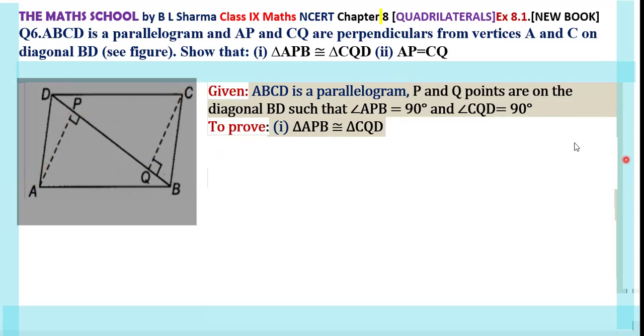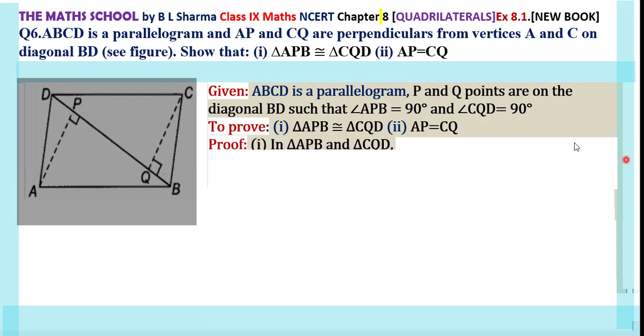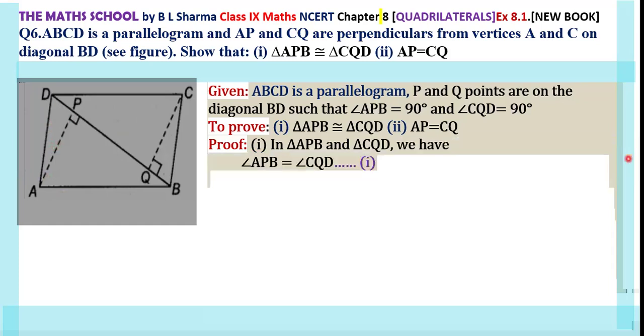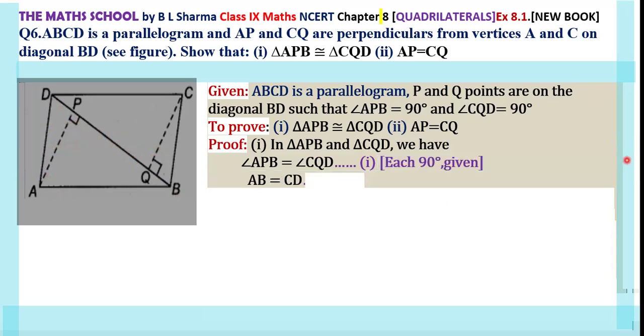To prove: triangle APB is congruent to triangle CQD and AP is equal to CQ. In triangles APB and CQD, angle APB is equal to angle CQD, 90 degrees, this also 90 degrees. It is given. AB is equal to CD, opposite sides of a parallelogram are equal.